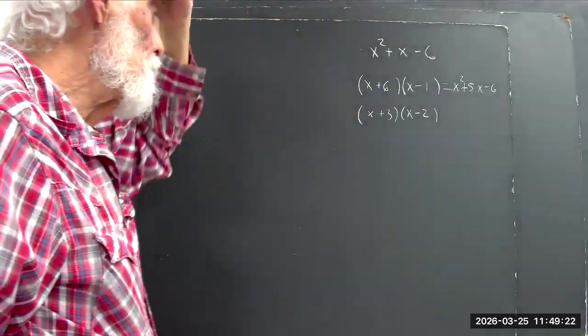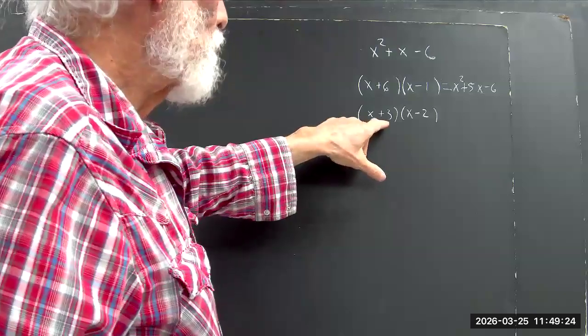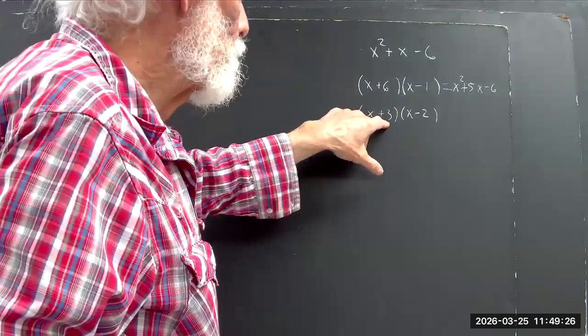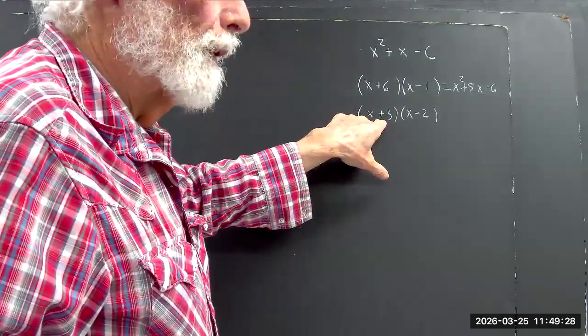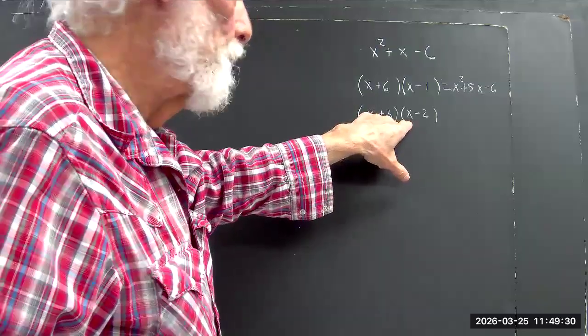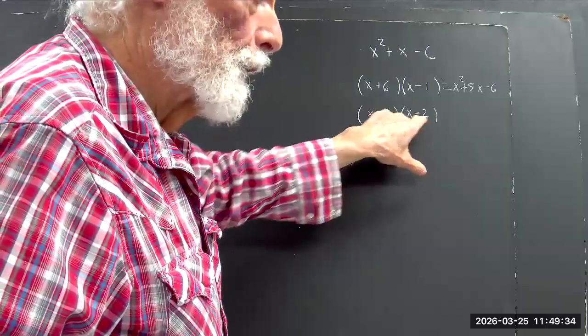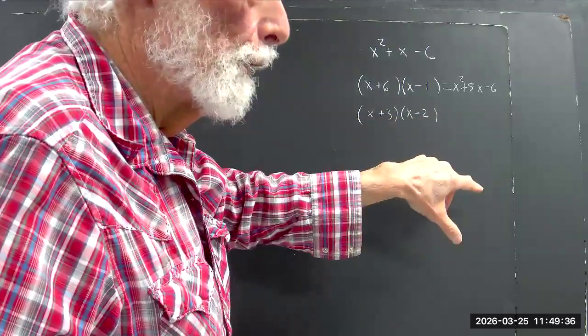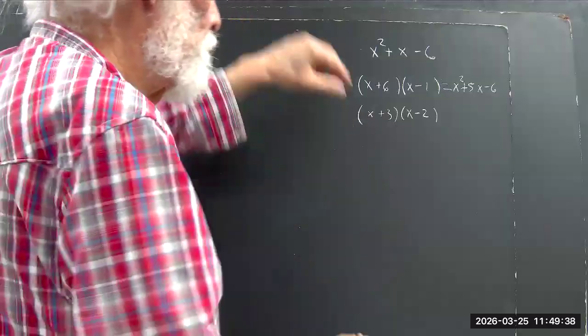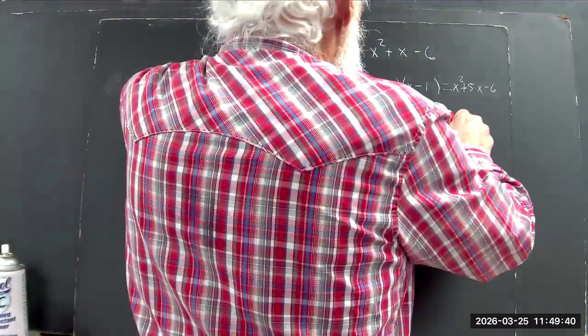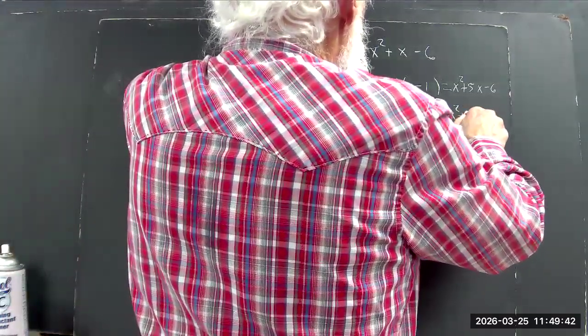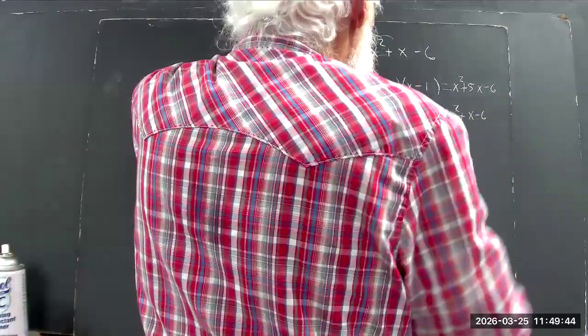And when we work this out, that works. The 3 in the first binomial multiplies the x in the second. The x in the first multiplies the negative 2 in the second. So we're going to get 3x minus 2x, which is just plus x. So this multiplies out to give us x squared plus x minus 6.